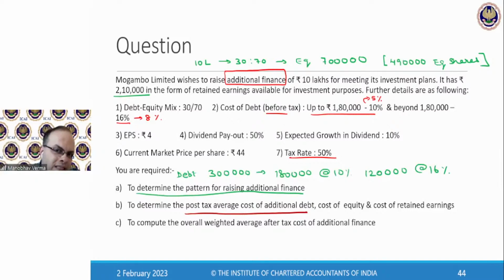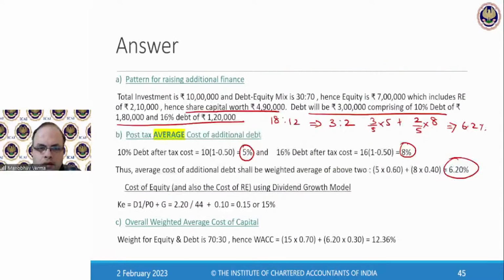So we take the post-tax, for 10% we take 5%, for 16% we take 8%, I into 1 minus t. And that we multiply by the weights within the debt. So 6.2 clear to everyone, guys? I hope it is clear to everyone.